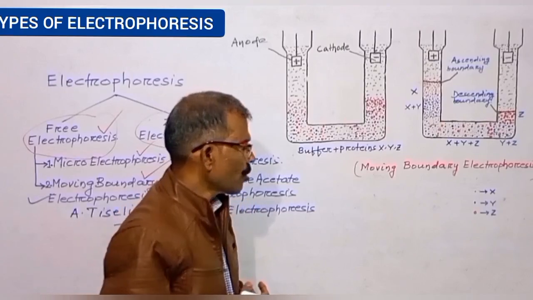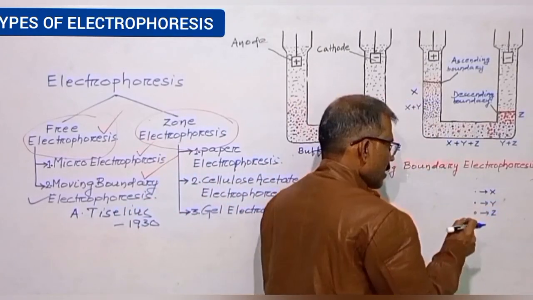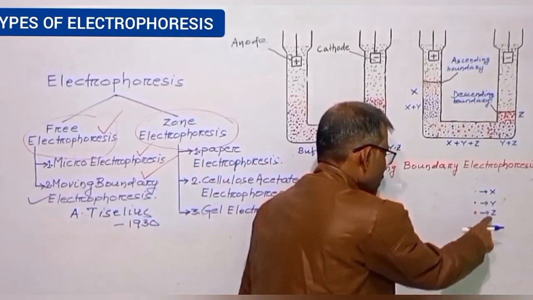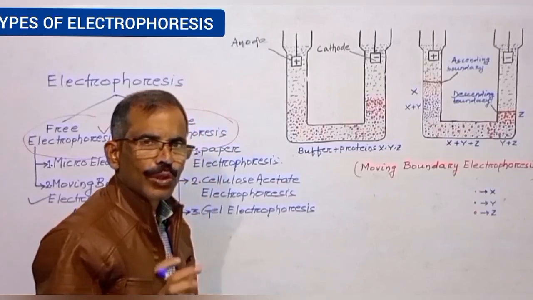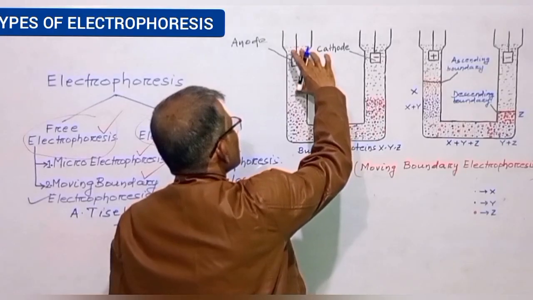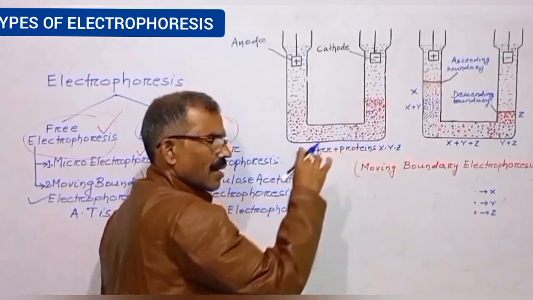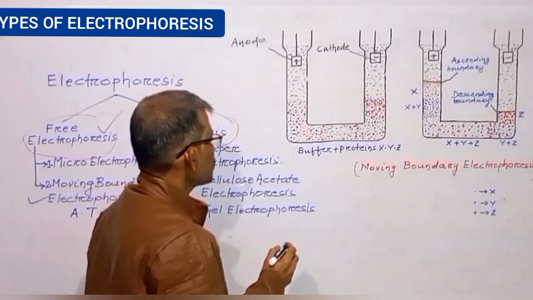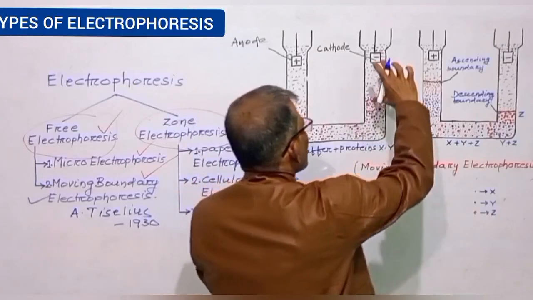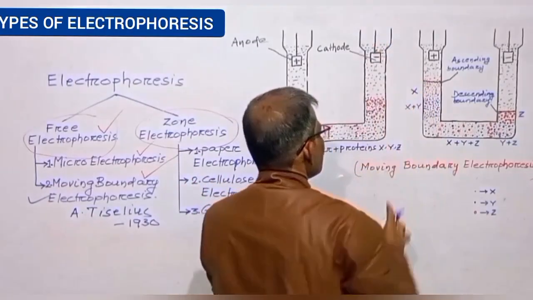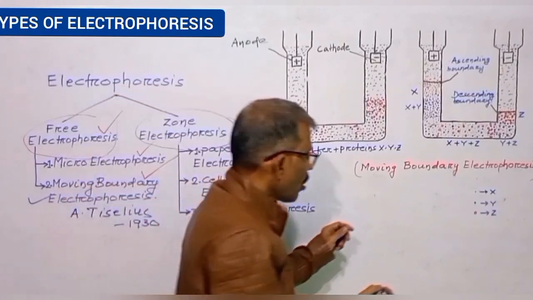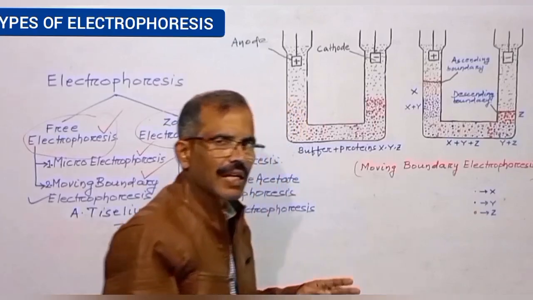The electrophoretic mobility of X is greater than that of Y and that of Y is greater than that of Z. In this technique, a suitable amount of pure buffer solution is first taken in the U-shaped observation cell. This is followed by the addition of the sample solution, after which again a small amount of pure buffer is added. The pH of the buffer solution is adjusted so that all three proteins will get net negative charge.